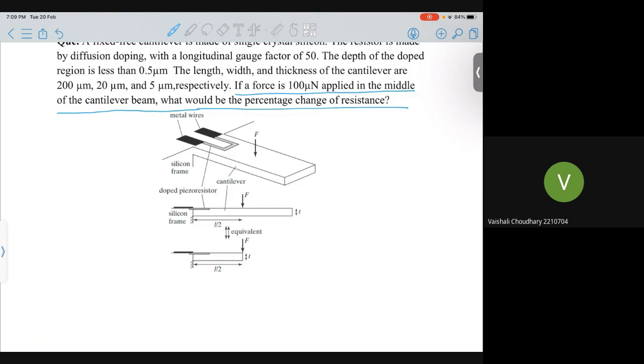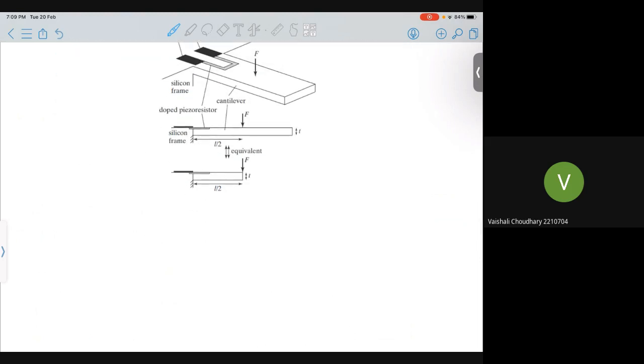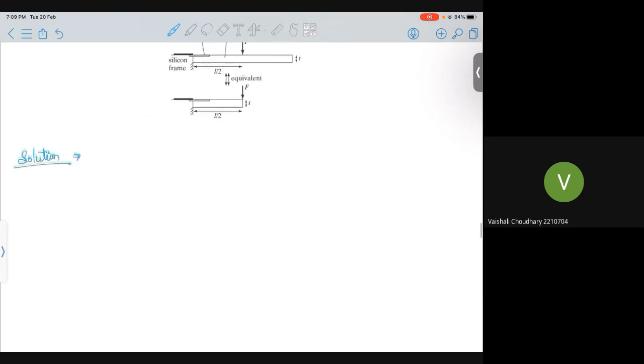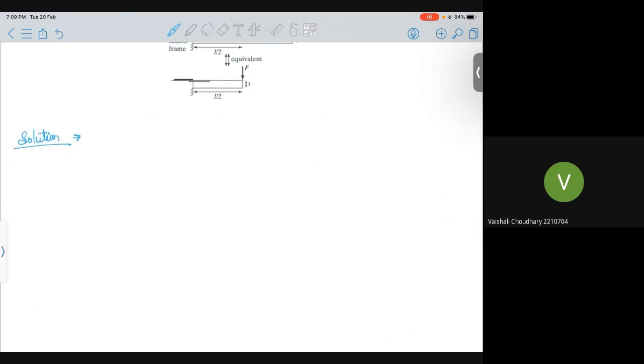So to solve this problem, first we'll calculate the maximum strain, for which we have seen one formula, which is M (torque as a function of x) times t by 2EI, or F times L t by 2EI, right?